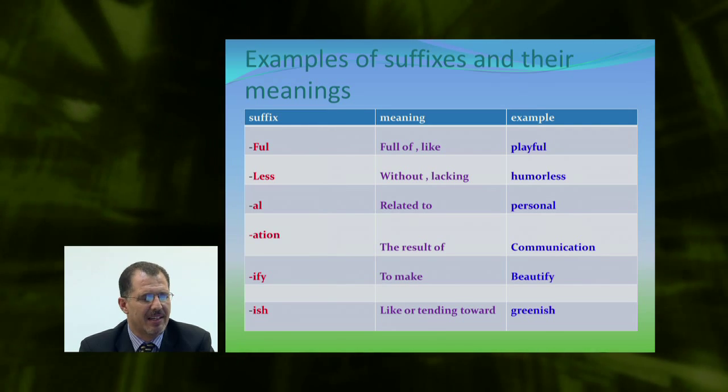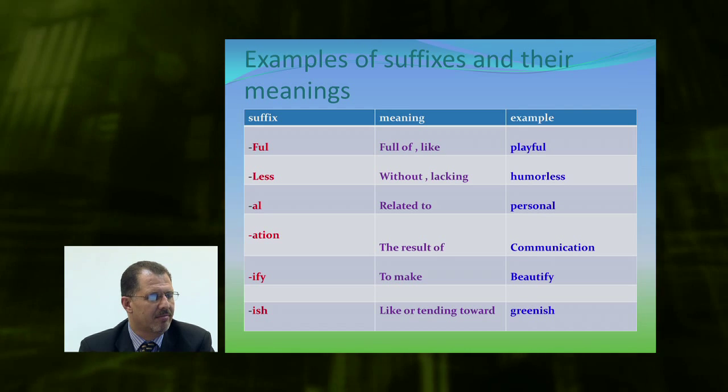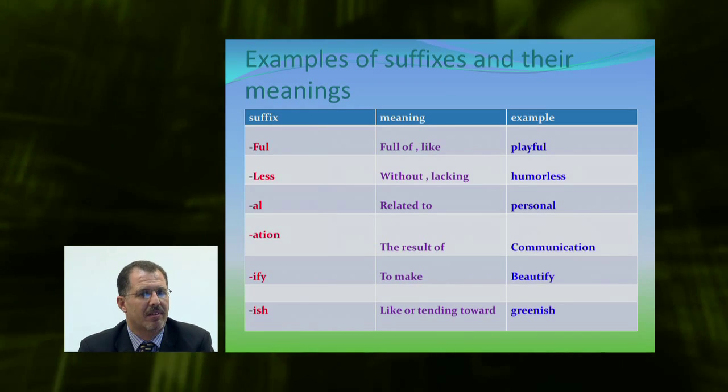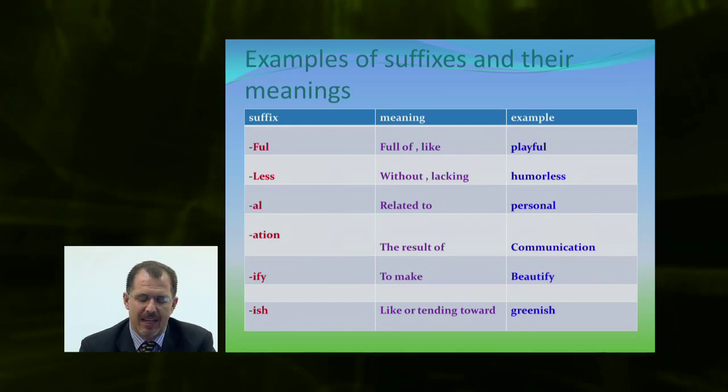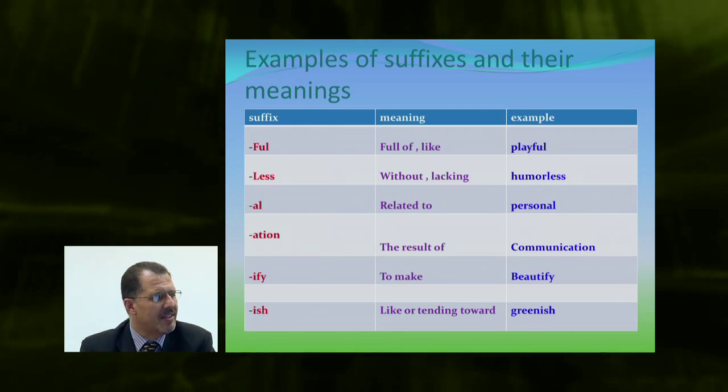We have an example here, greenish, reddish, boyish, and other examples. Now, after taking a look at these suffixes and their meanings and also the examples, let's go to the next step.